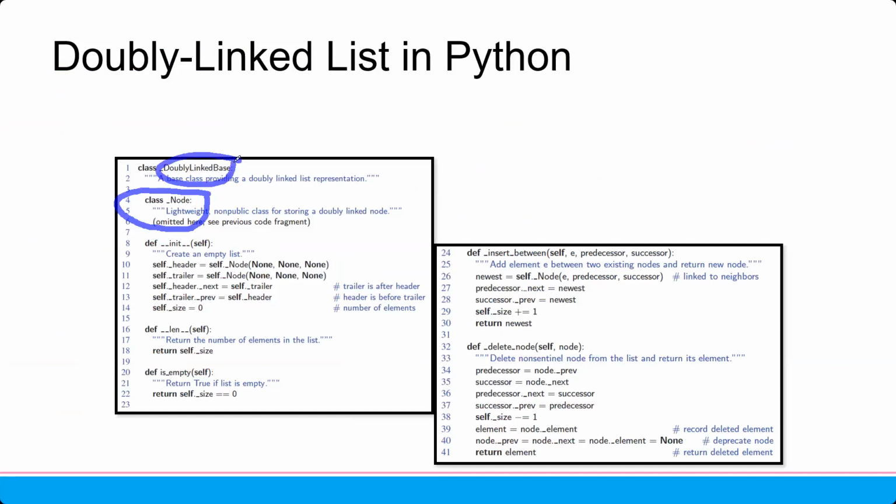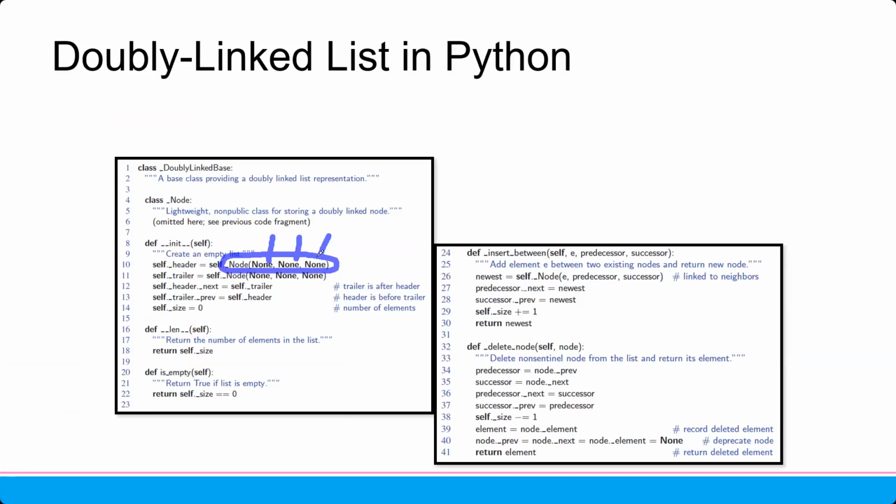When we create the doubly linked base, the constructor contains header, trailer, and the position of the header and the position of the trailer. As you can see, node contains three elements: none, none, none.